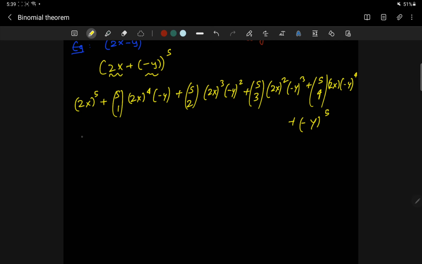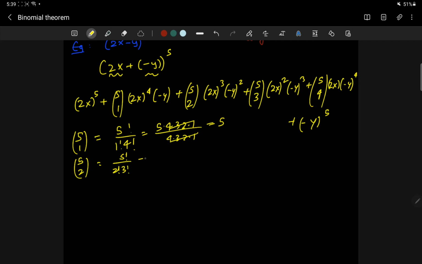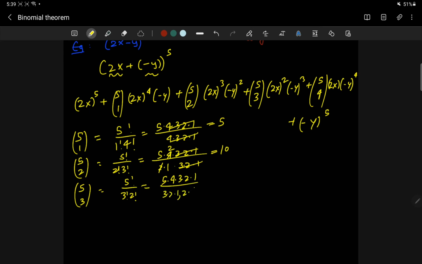So what do I need to evaluate? We need all of these c's. So 5c1 is 5 factorial over 1 factorial times 4 factorial. 5 4 3 2 1 over 4 3 2 1, which is 5. 5c2 is 5 factorial over 2 factorial times 3 factorial, 5 4 3 2 1 over 2 1 times 3 2 1, which is 10. 5c3 is 5 factorial over 3 factorial times 2 factorial, which is again 5 4 3 2 1 over 3 2 1 times 2 1, which is also 10.